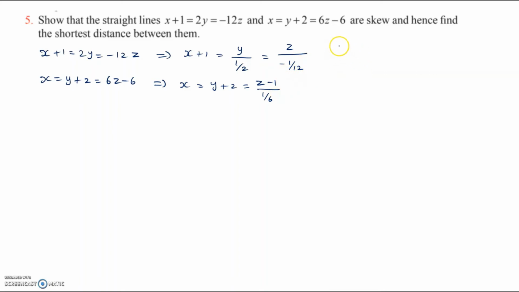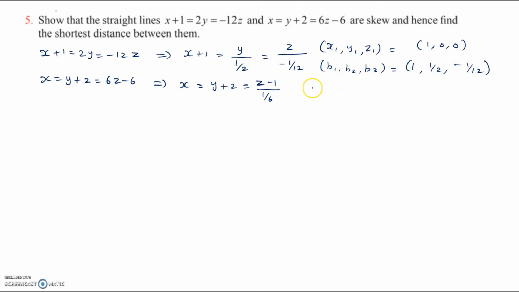So these are our two new lines. So here our x1, y1, z1 will be equal to minus 1, 0 and 0, and our direction ratios here, b1, b2, b3, are 1, 1 by 2 and minus 1 by 12.